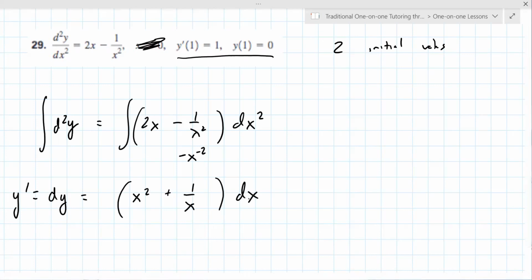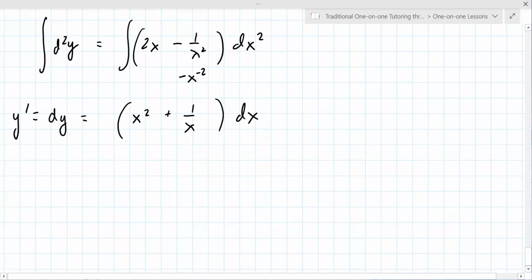And from here, you can apply that first one, y prime of 1 equals 1. To do that, because there's really a plus c here, you treat this over here as your y prime effectively.